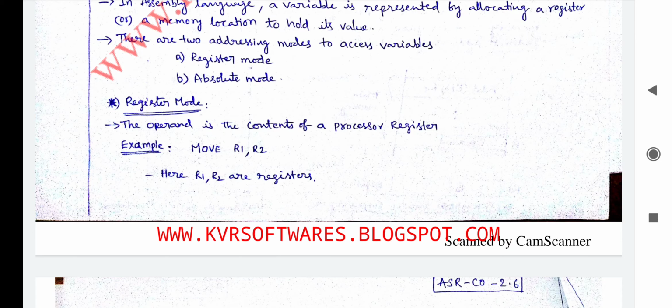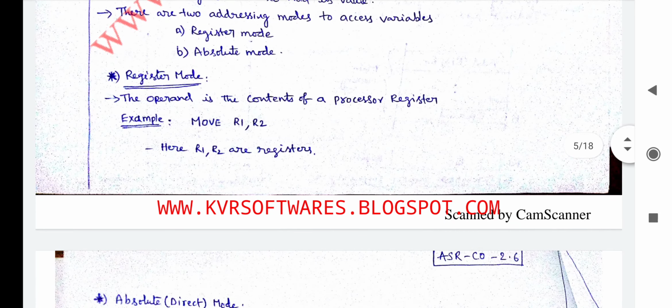Means the contents are placed in the register, and you have to represent the address of that register. That is called register addressing mode. The operands are stored in the processor register.